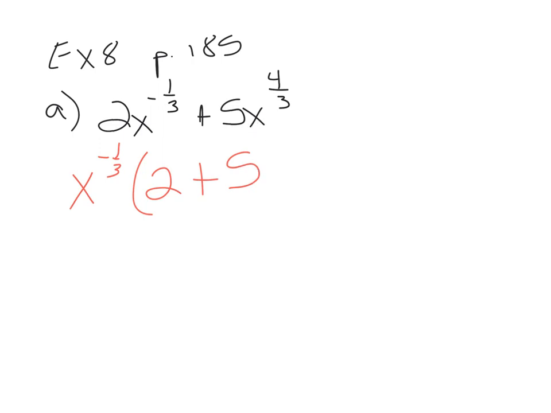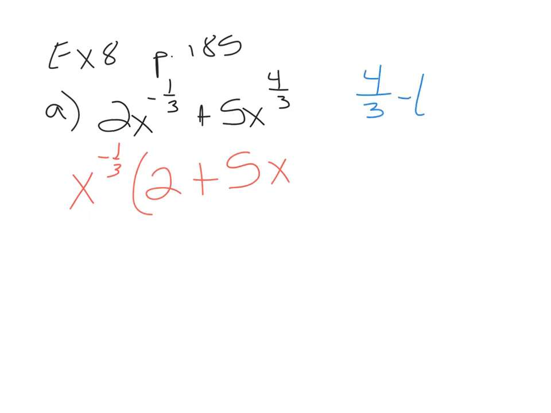Now, the challenging part is the x. So you have to think about, all right, what exponent belongs here so that when I add negative 1/3 plus this, it gives me 4/3. You can find it by subtracting 4/3 minus, not minus 1/3, minus negative 1/3. So you can find that by subtraction.